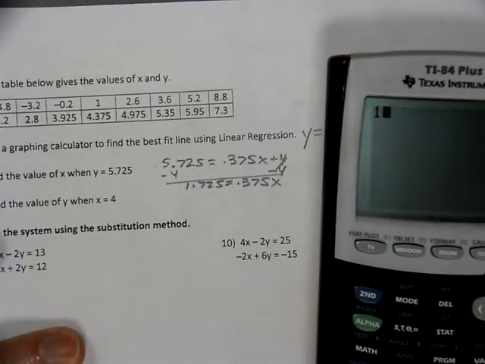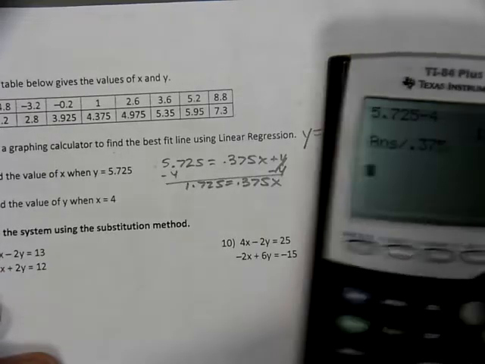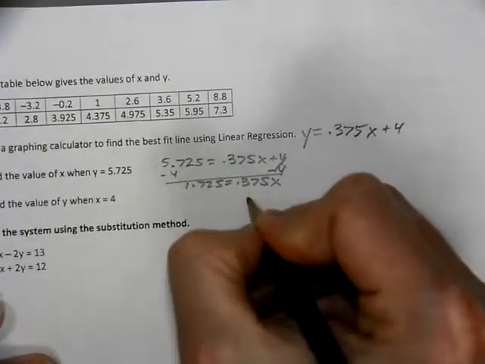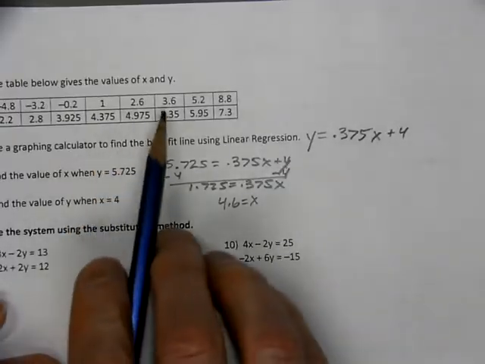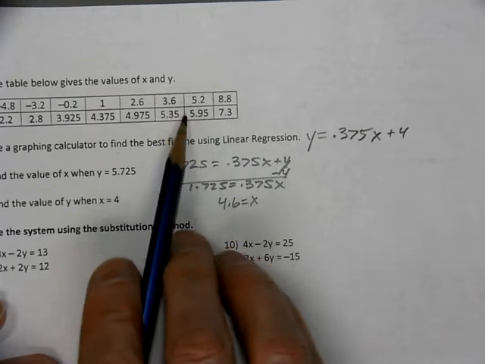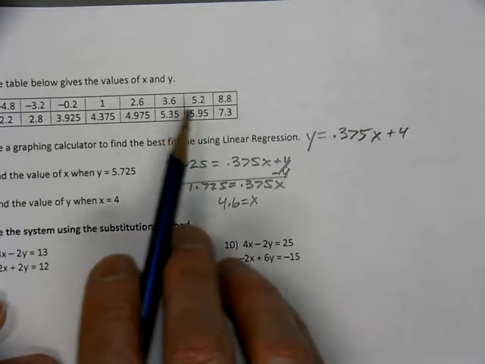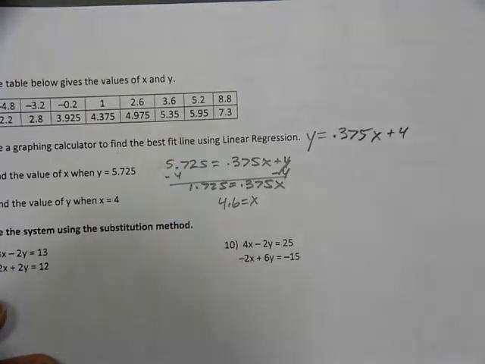So we would take our 5.725 and subtract the 4 from it. So that's how we got 1.725. And divide by the 0.375 to give us 4.6. And let's see, at 4.6 we would get 5.7. That would be in between here. Looks pretty good.